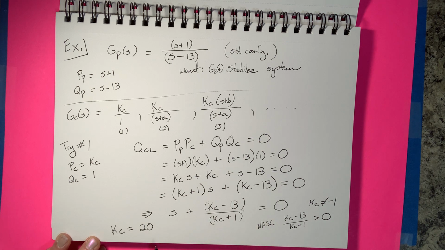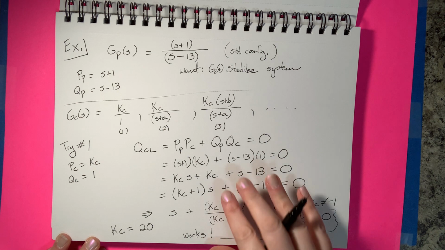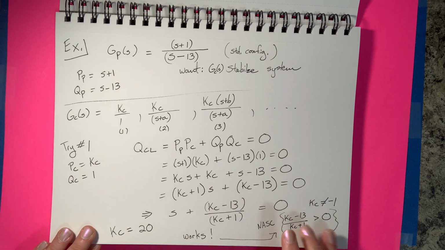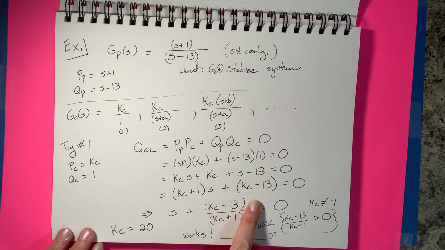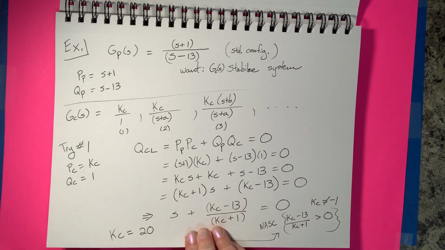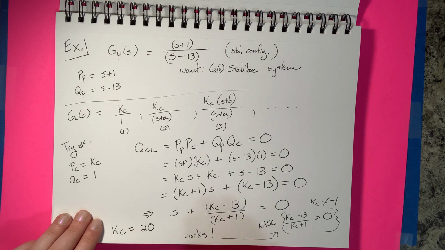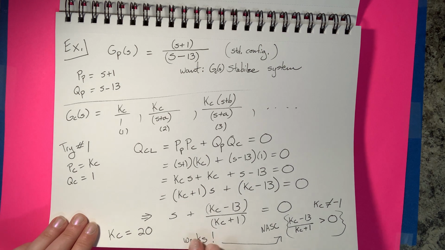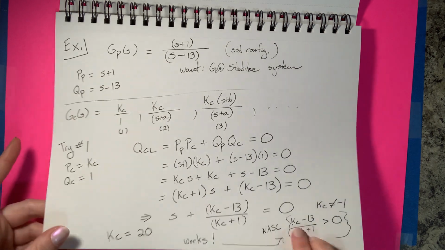It should be stable in this case, and this would work, as long as we adhere to that necessary and sufficient condition. Now this was another example. This was a little bit more complex, but I really want to do one where we do multiple trials of something that doesn't work. So let's try another example.